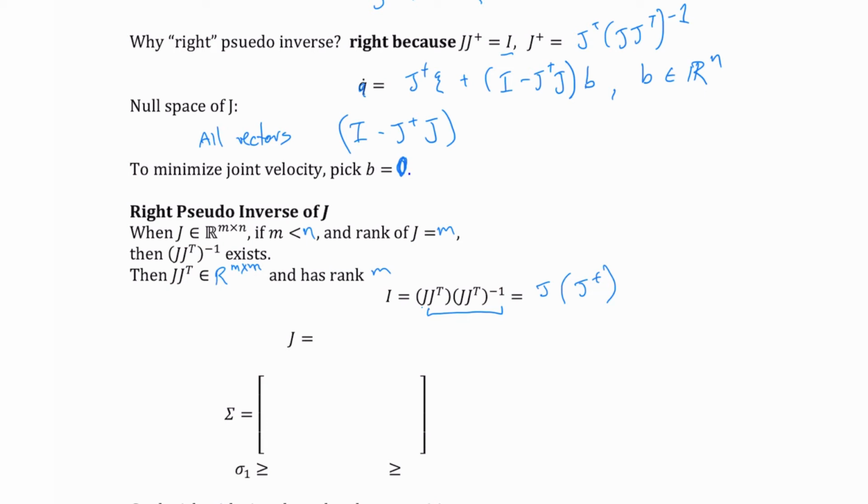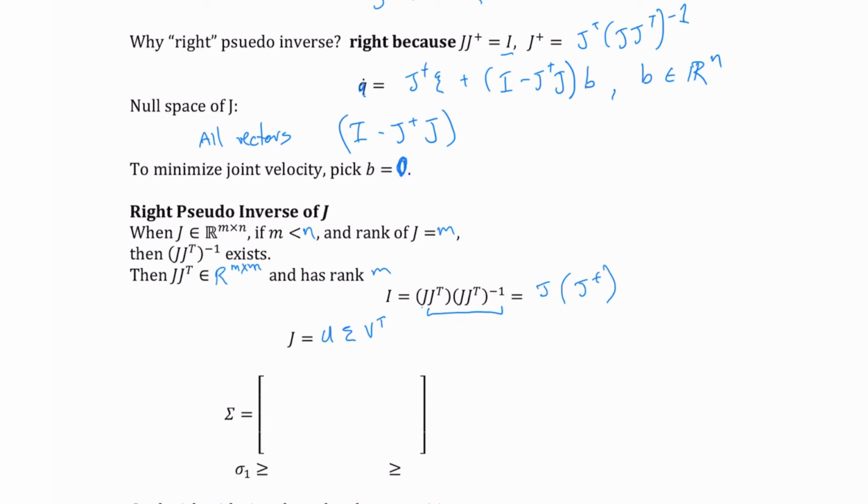Another way that we can look at this is we can take our Jacobian and we can split it with a singular value decomposition. Singular value decomposition always gives us three matrices: a U matrix, a sigma matrix, and a V matrix, where the U and the V are rotation matrices, so they're orthogonal matrices.